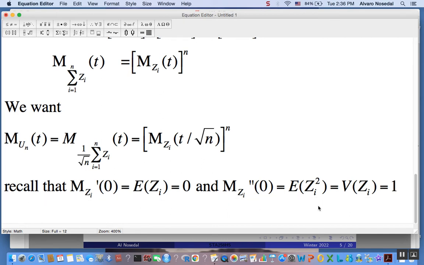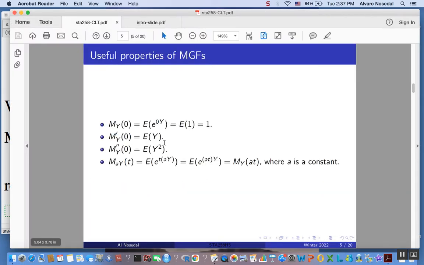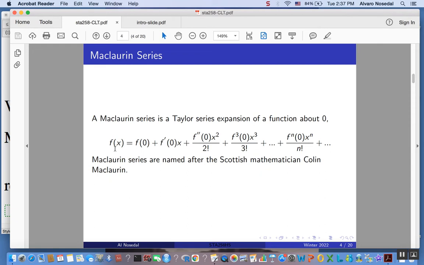Finally, remember that we talked about the Maclaurin series of a function. We're going to express the MGF as a Maclaurin series. So remember, it's just a function evaluated at 0, plus the derivative of that function evaluated at 0, and so on, right? Second derivative evaluated at 0 divided by 2 factorial times the variable squared, and so on. Okay? So here we go. Let me show you what we have here.